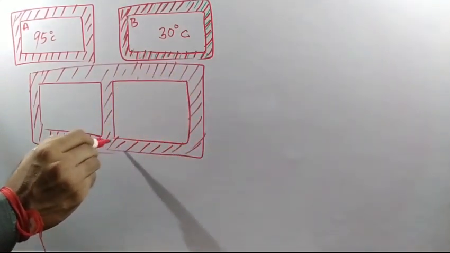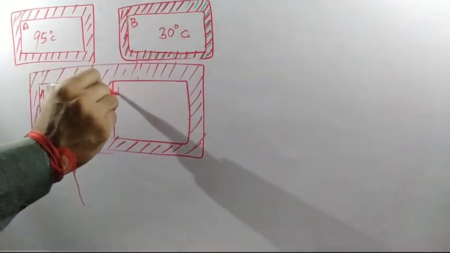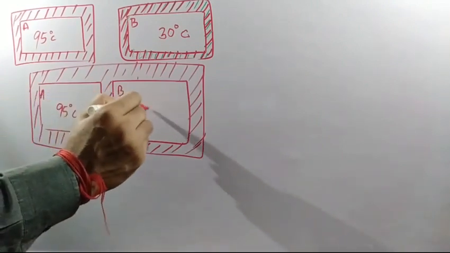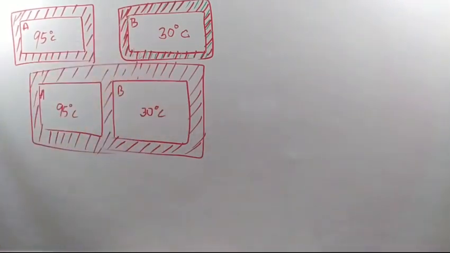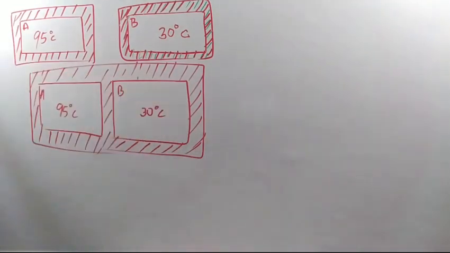System A, system B, 95 degrees Celsius earlier, here 30 degrees Celsius. Now systems are joined together. System A has been joined with system B. Now system A is reading 95 degrees Celsius, and system B is at 30 degrees Celsius.